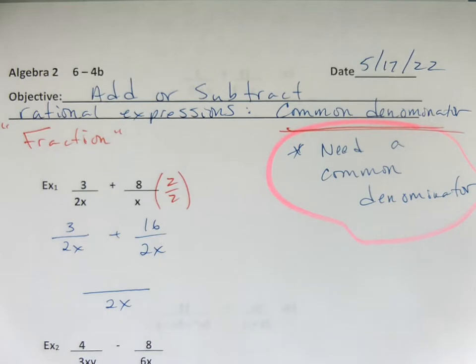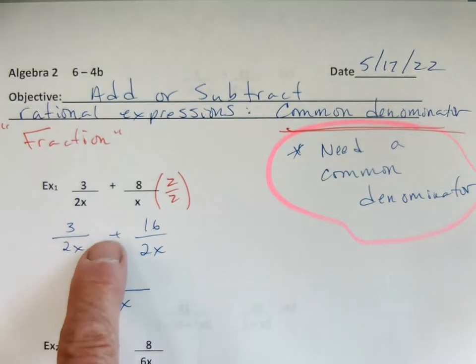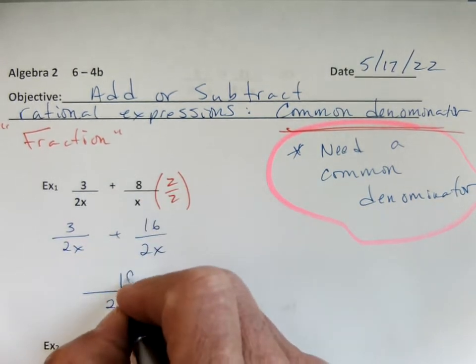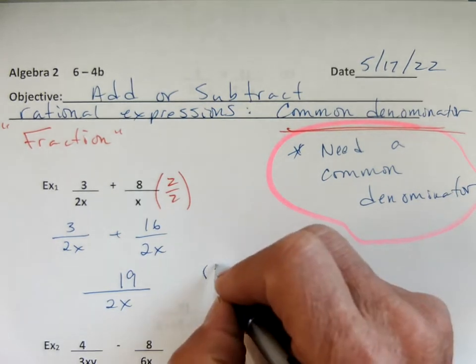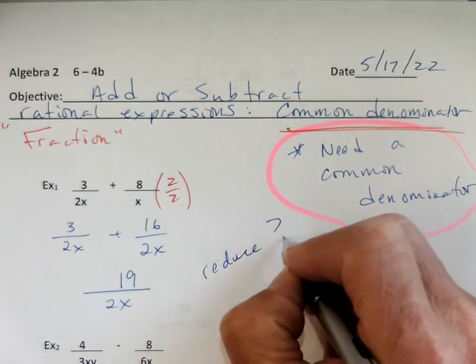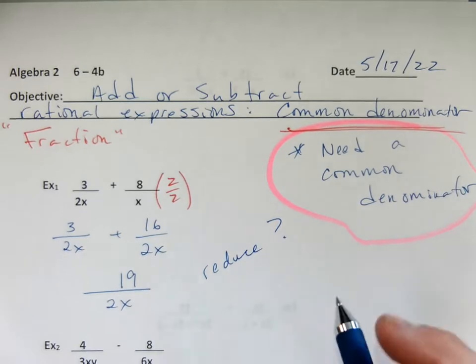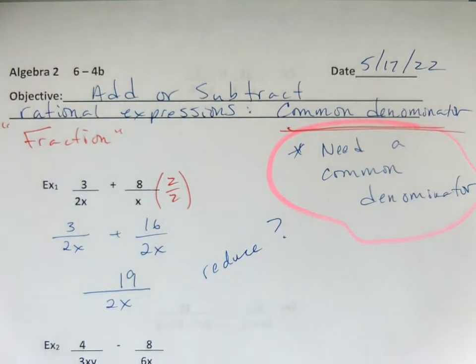There's my common denominator, 2x. And then let's add our numerators. 3 plus 16 is 19. If I can reduce, I will. Reduce? I can't reduce, so I'm done. That's all I can do.